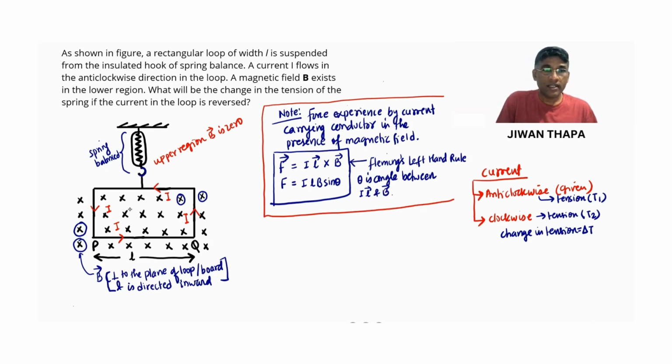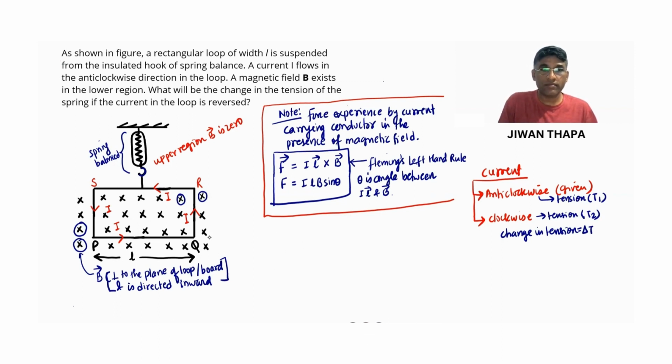Now let us name this rectangular coil. We have arm PQ, let us call this R and this S. So we have the rectangular coil PQRS.